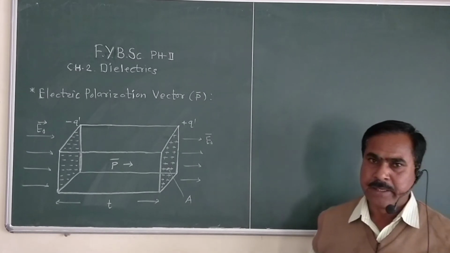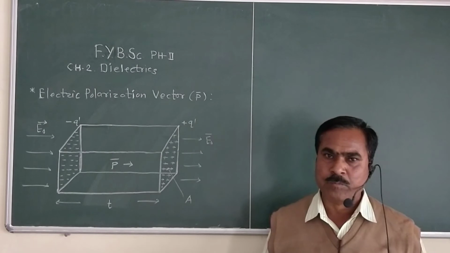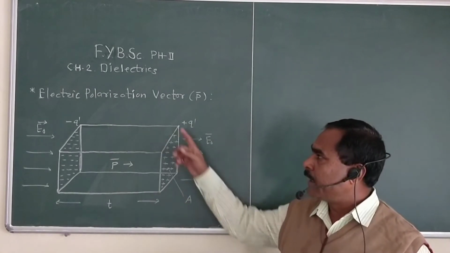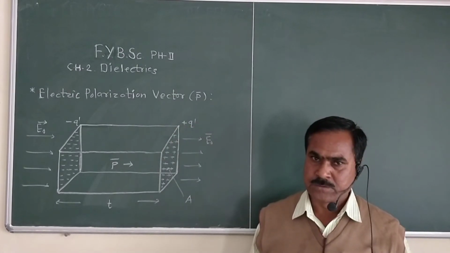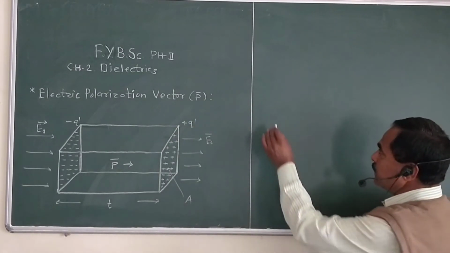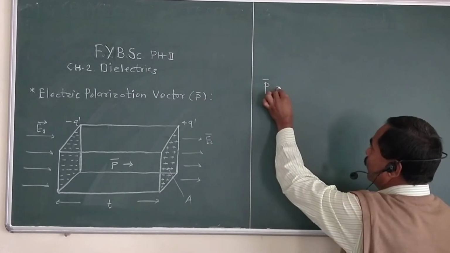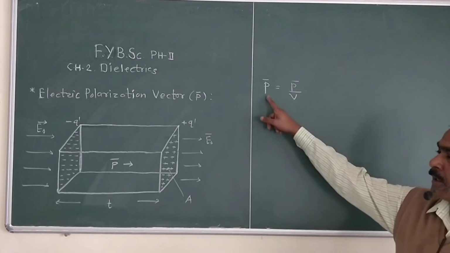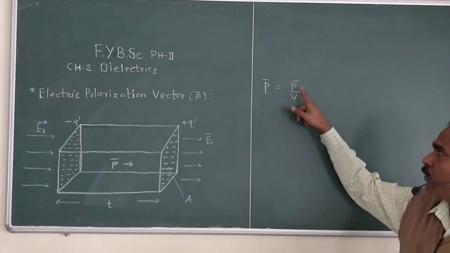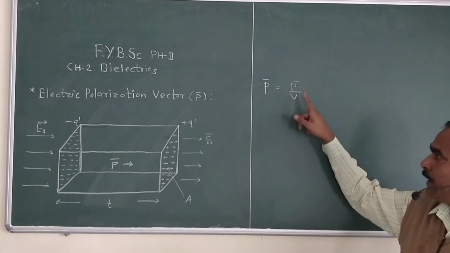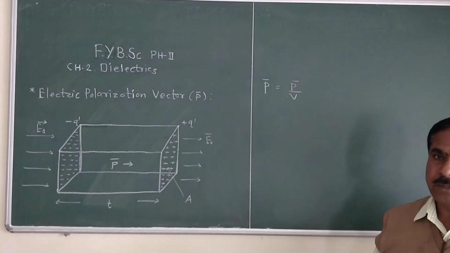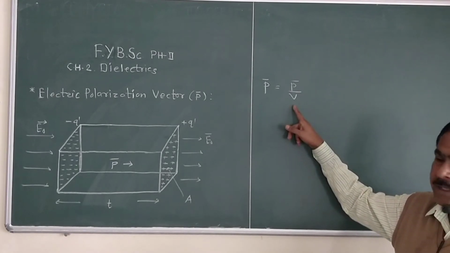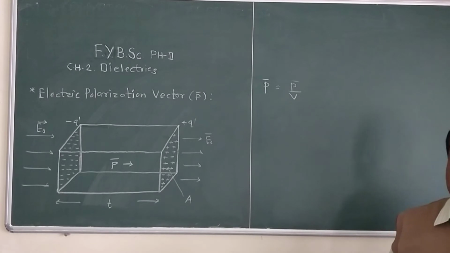Mathematically we write P bar equal to p bar upon V. This is the electric polarization vector, equal to net dipole moment divided by V, the volume of the material. That means net dipole moment per unit volume is called the electric polarization vector.